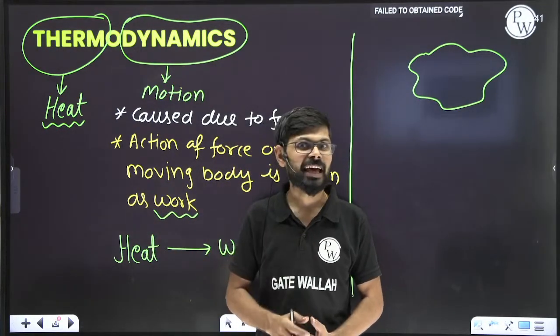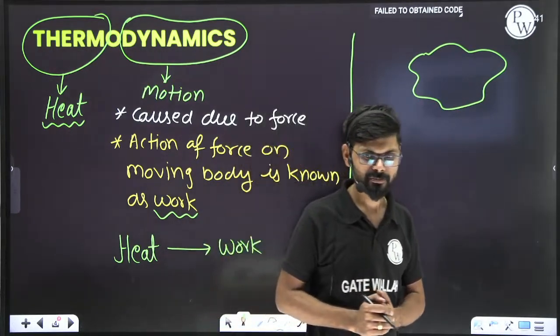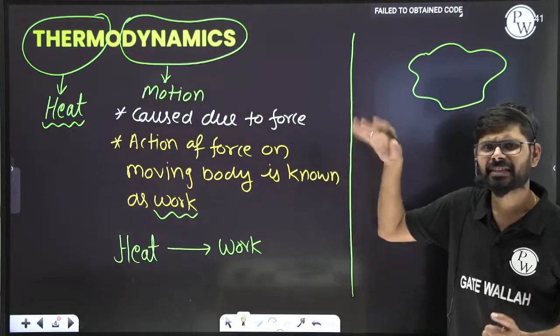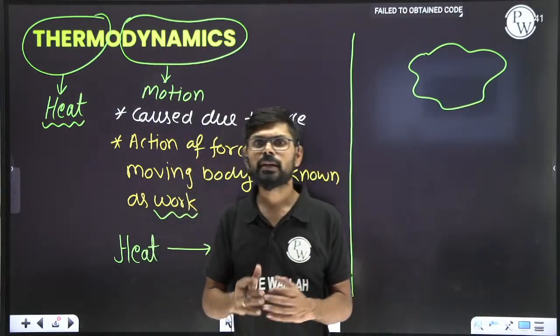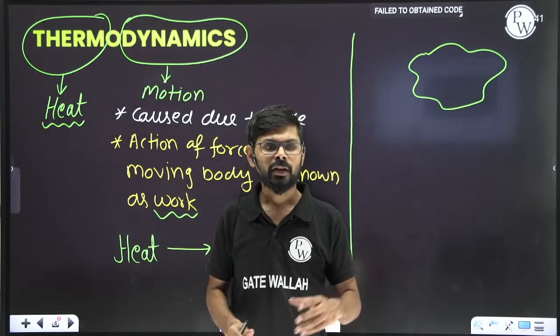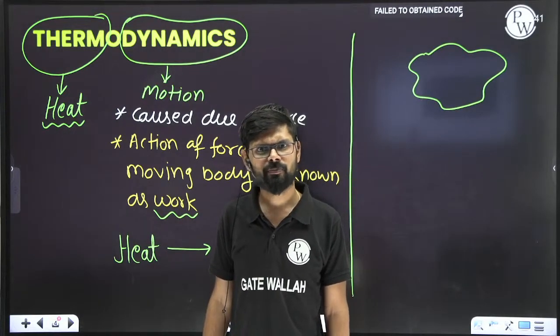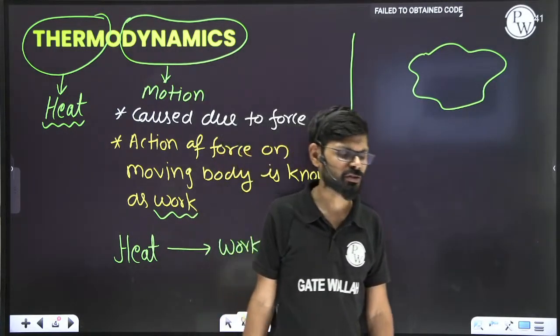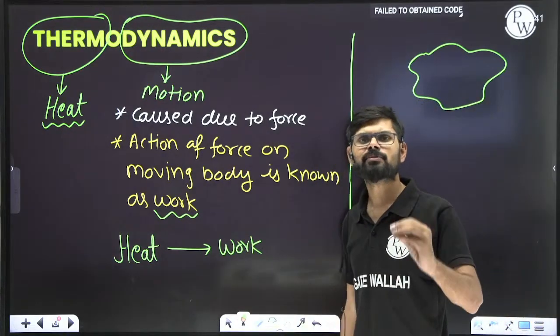And as per Kelvin Baba, means grandfather, right? These scientists are basically our grandfathers, so we call them Baba. So Kelvin Baba said that absolute zero temperature is not feasible, not possible. Basically everything in the whole universe has some certain temperature.